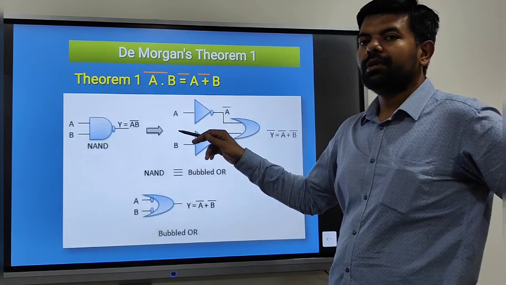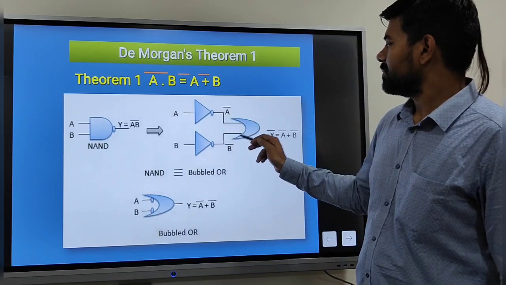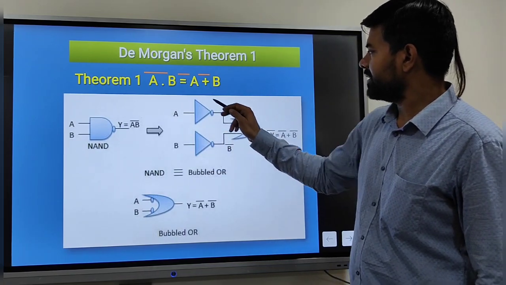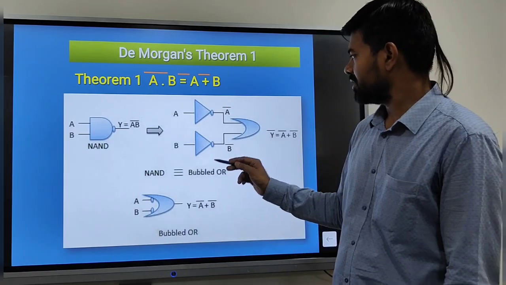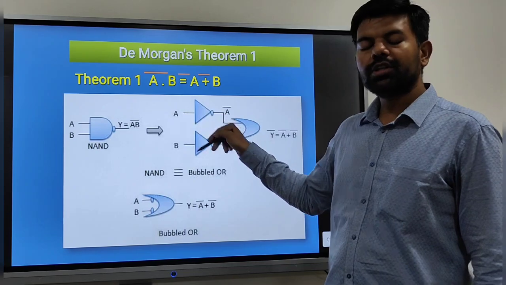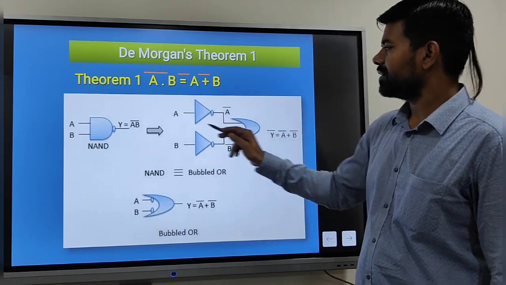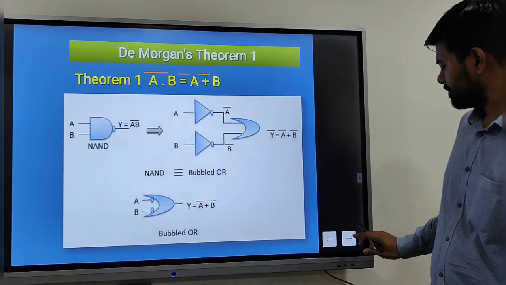Now how does it become the bubbled OR? See, this is the OR and these are the bubbles. Bubble means NOT gate. When we put a NOT gate on both the inputs of the OR gate, we get the NAND operation. This is how we get the NAND operator.